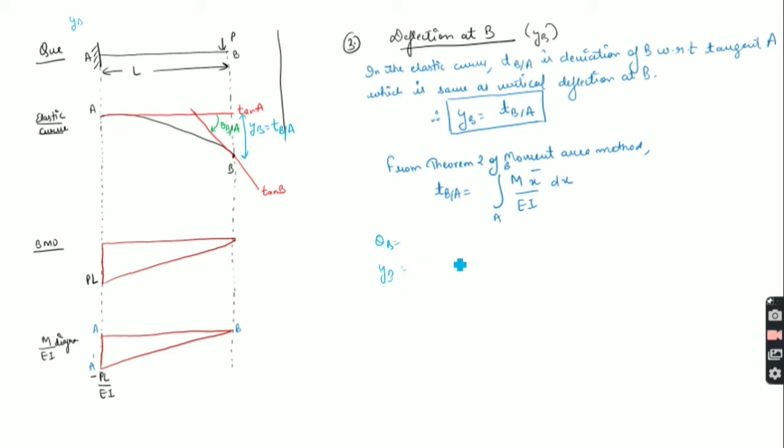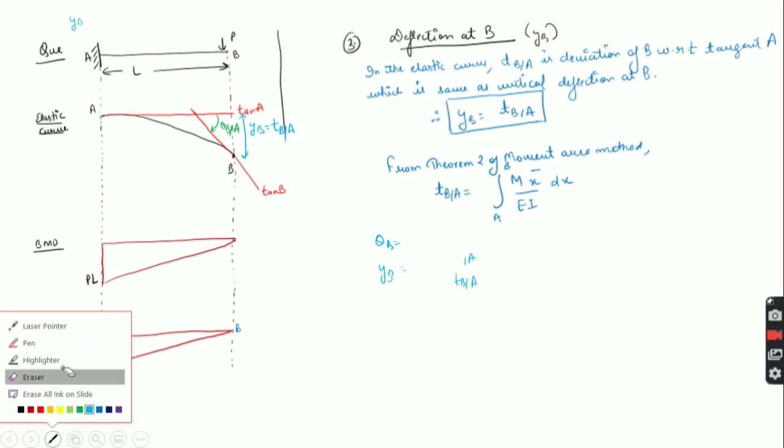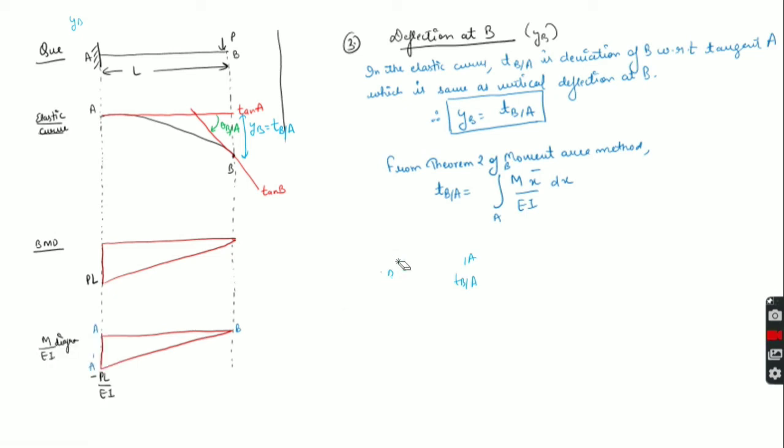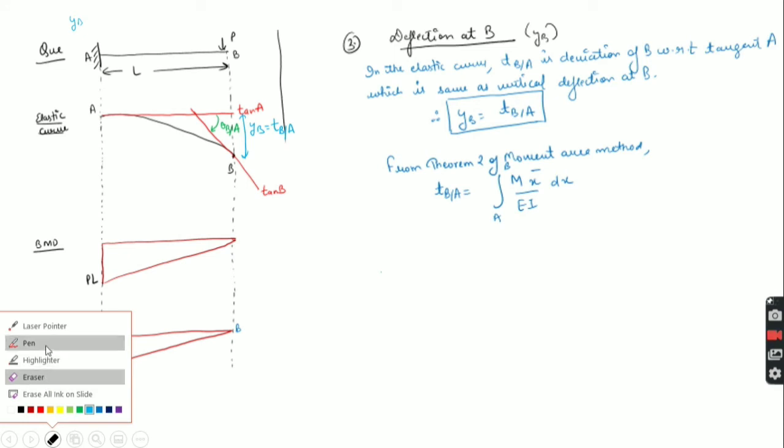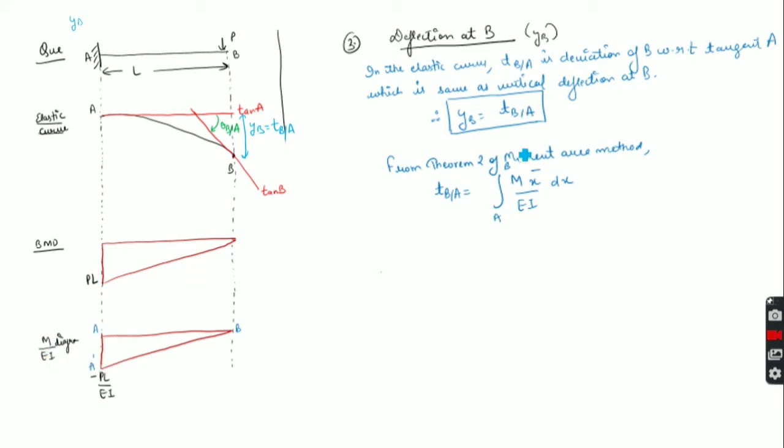It says it in terms of theta BA and TBA. So we have to utilize it according to our question. In the question we are currently doing, it is easier for us to relate TBA with YB and theta BA with theta B, but this is not always the case. There can be some complicated cases also, which we will learn.